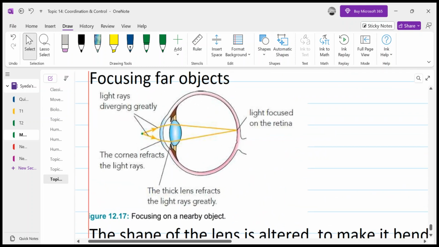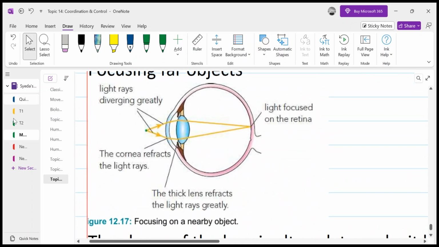For example, if this is an object that is quite near to us, the light which is entering into our eye is quite diverged. Now, this light has to be focused more in order to get it focused here, so that we may have an image here. When the light rays are diverging greatly, they need to be focused more.